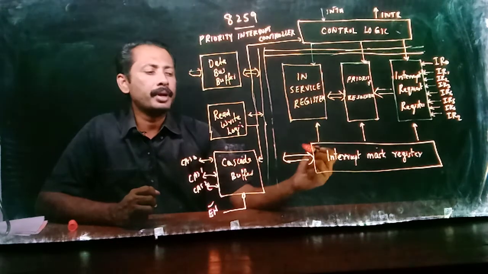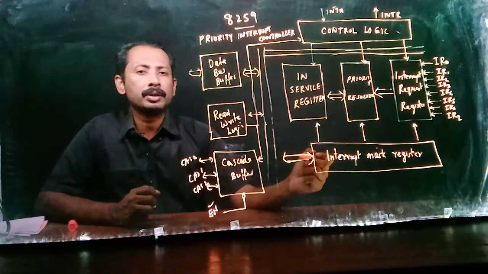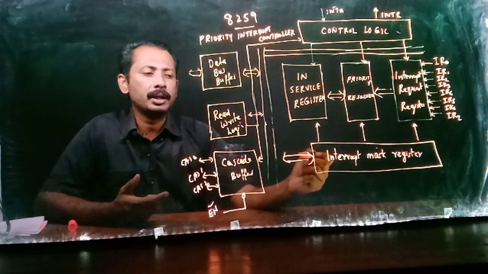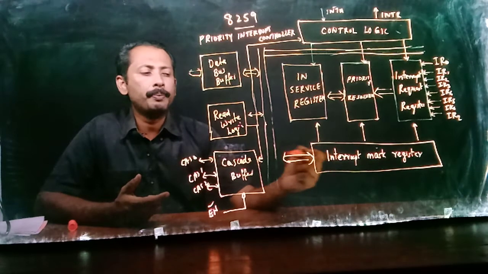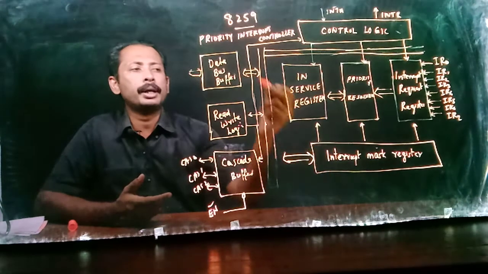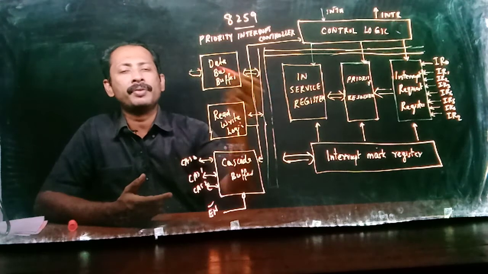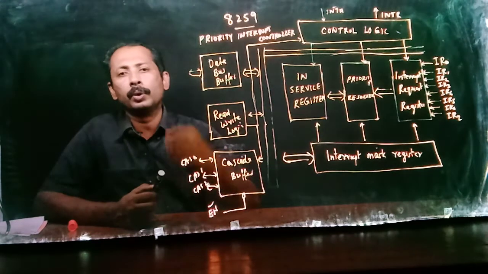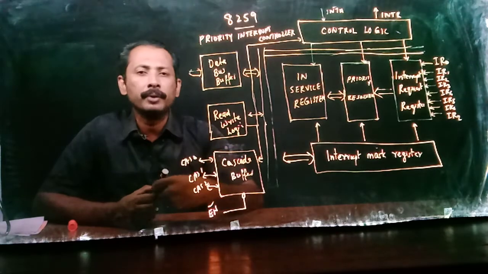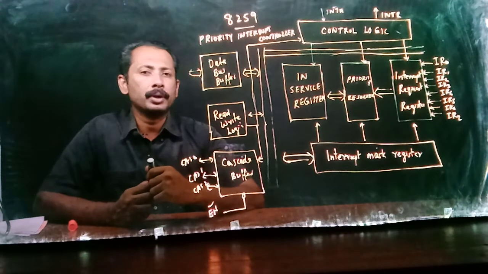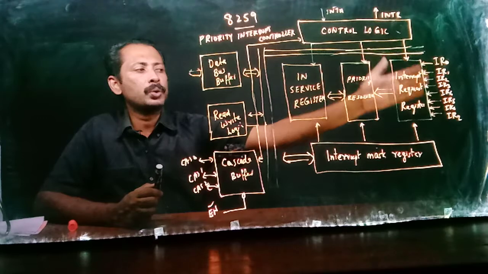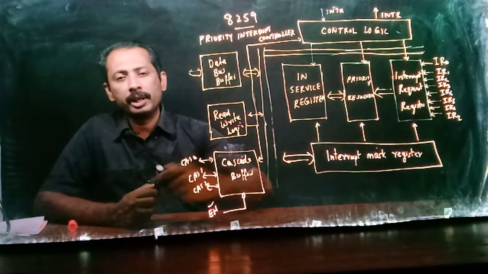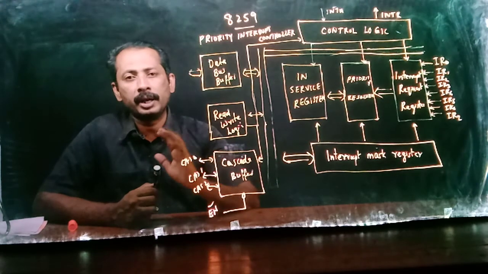At the same time, the starting address of the ISR will be passed through the data bus buffer to the MPU to give the starting address of the interrupt service routine. We have IR0 to IR7, and for each interrupt we have separate ISRs.